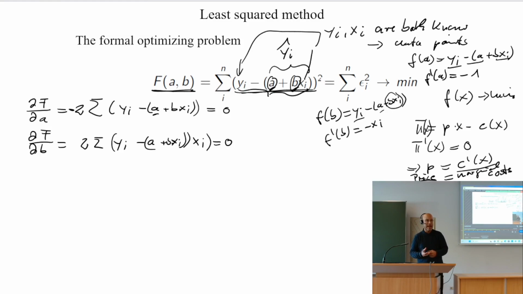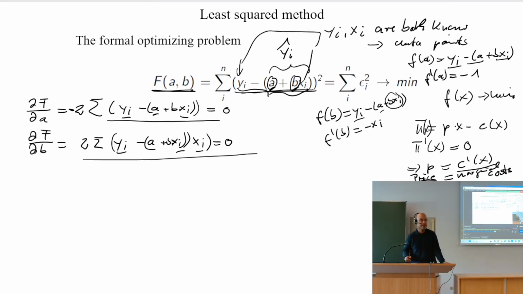Well, and what do we have now? Within a and b, the variables we are looking for, this is a linear equation and this is a linear equation, because in general we know all the data points. These are just numbers.